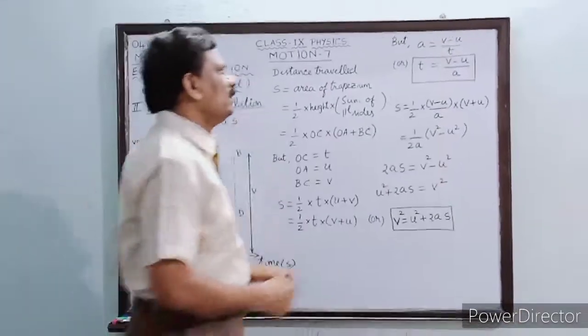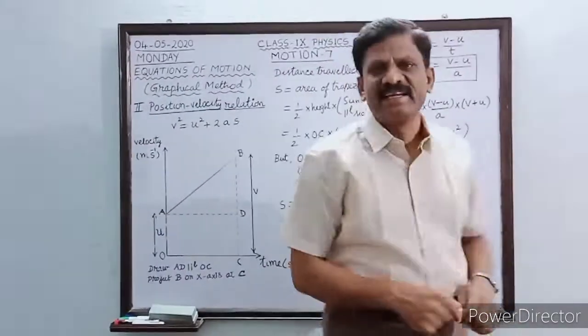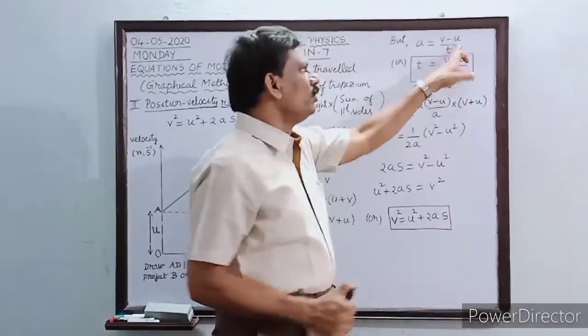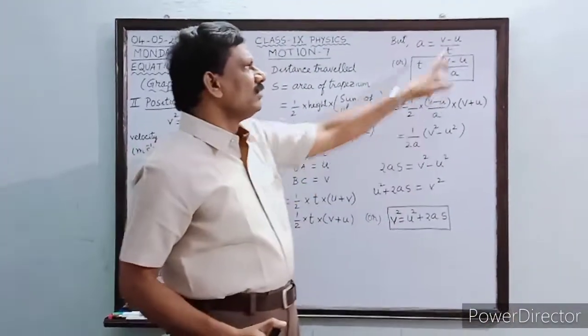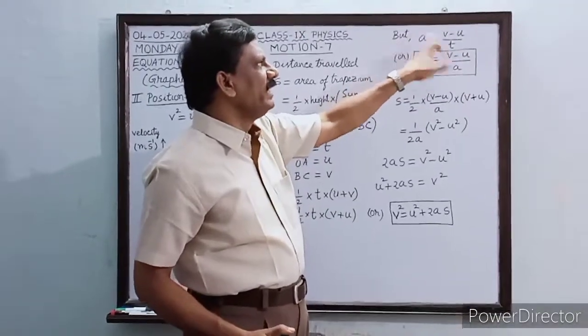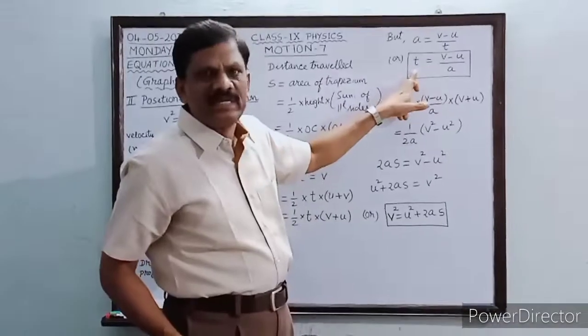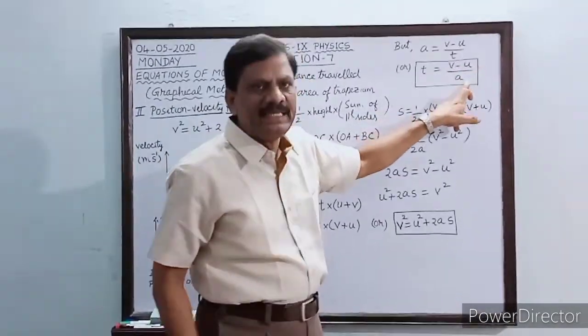Okay. Now, what is the expression for acceleration we have derived earlier? a is equal to what? (v minus u) by t. Okay. Now interchange by shifting t to the left hand side and bringing a to the right hand side. This can also be written as what? t is equal to (v minus u) by a.